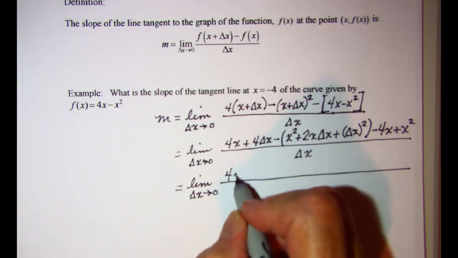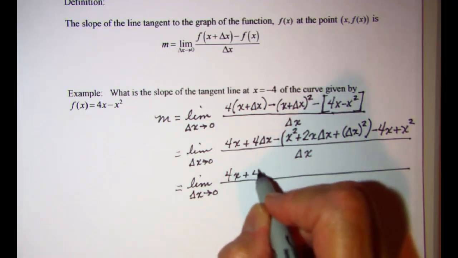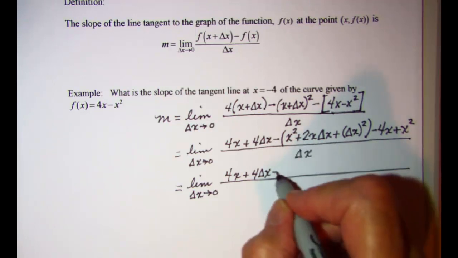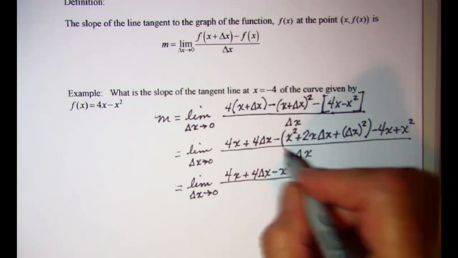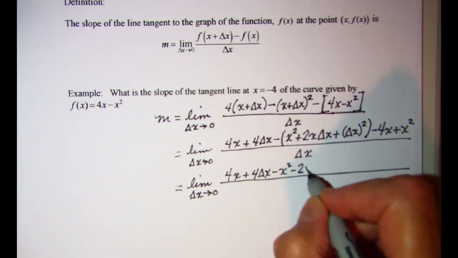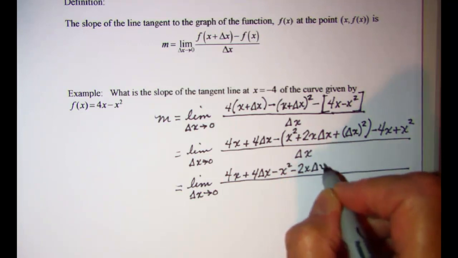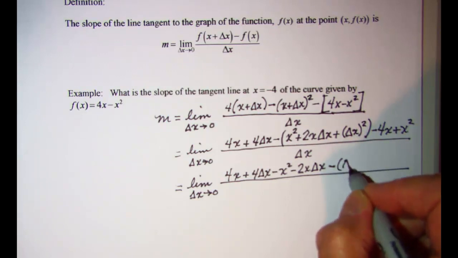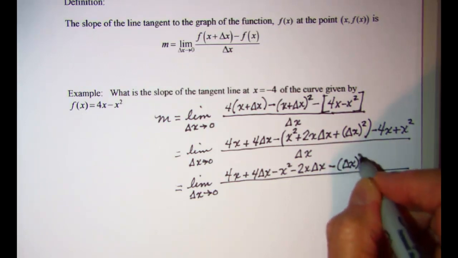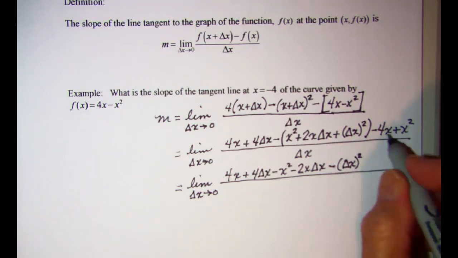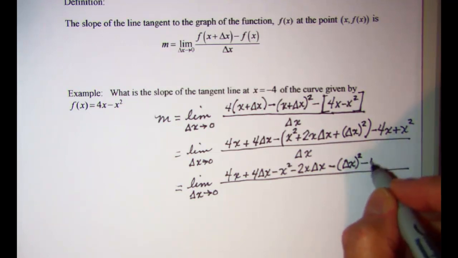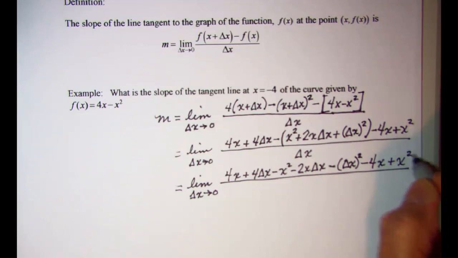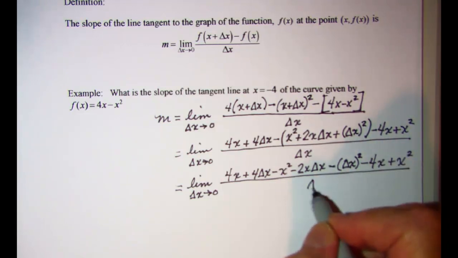I'm just going to copy 4x plus 4 delta x, and then minus x squared minus 2x delta x minus delta x squared, and then copy this back here, minus 4x plus x squared, and that's all over delta x.